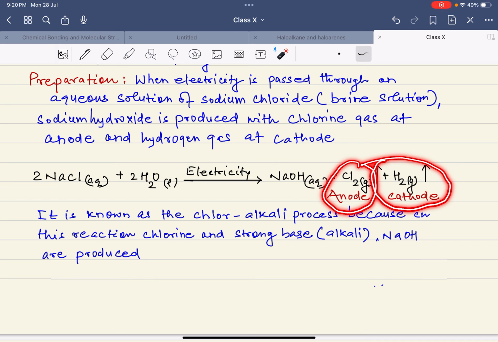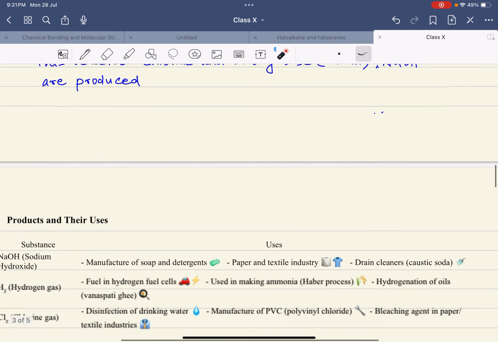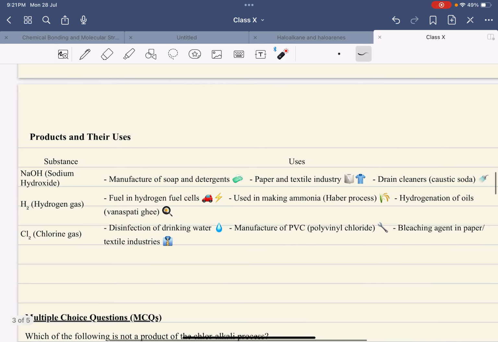On the basis of products formed, chlorine and NaOH, the name of this process is chloralkali process. In this case, three major compounds are formed: number one is sodium hydroxide, then chlorine and hydrogen. Then what are the uses of the products?